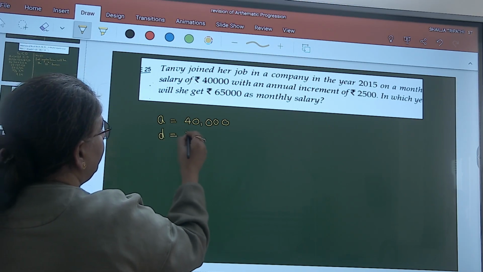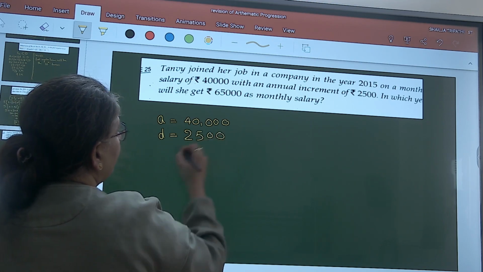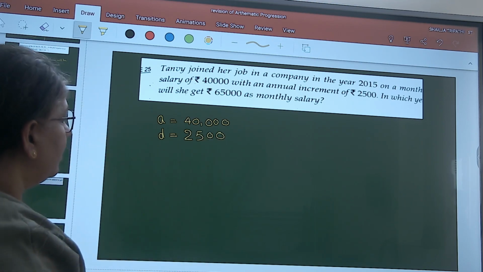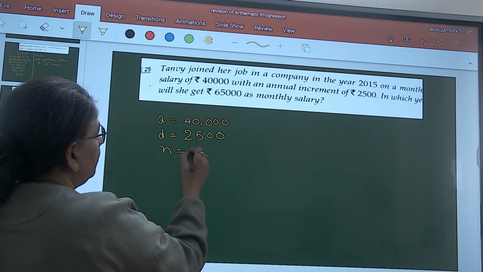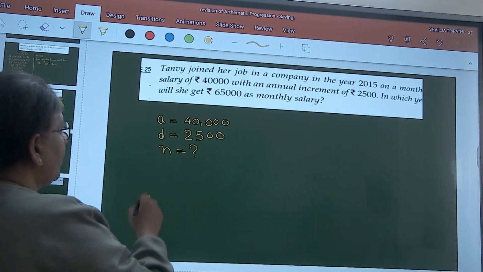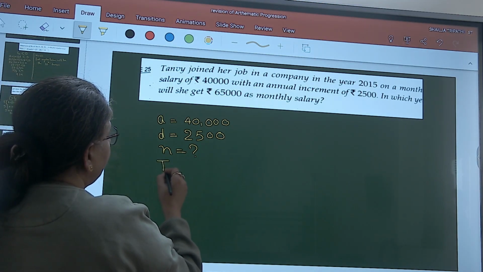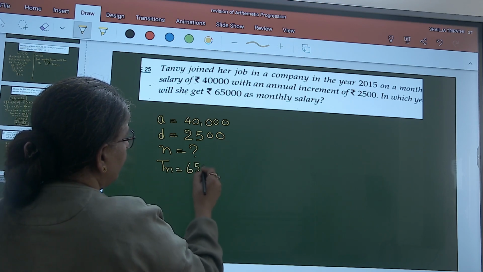And we have to find the number of years after which her salary will be 65,000. That is, Tn is 65,000.